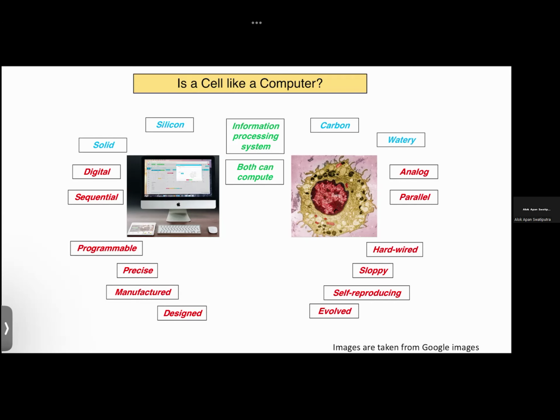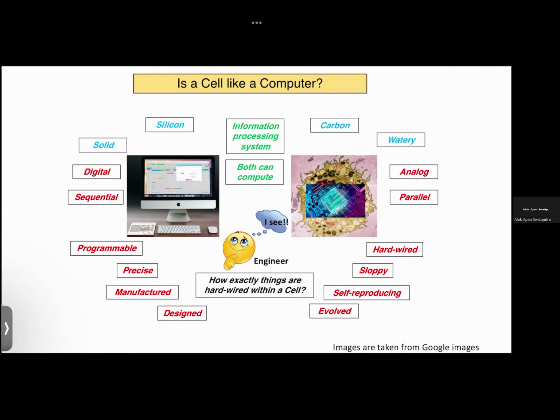So we know that a computer is a silicon-based system, it's hardware. If we look at how exactly information is processed in a computer, it has to go through a circuit system, right? So it's hardware through circuits. How does a circuit system, if at all, exist for a cell, and how does it operate?